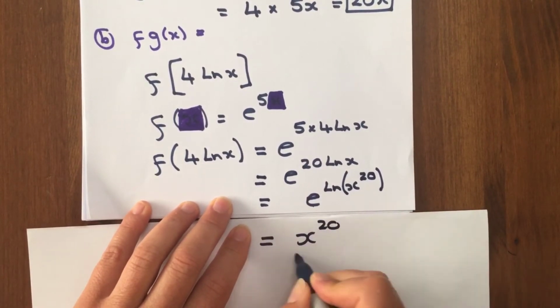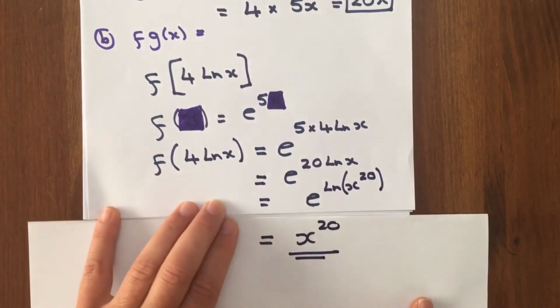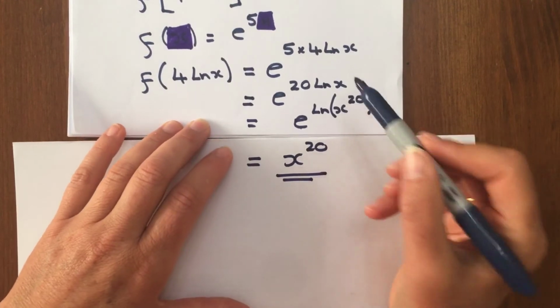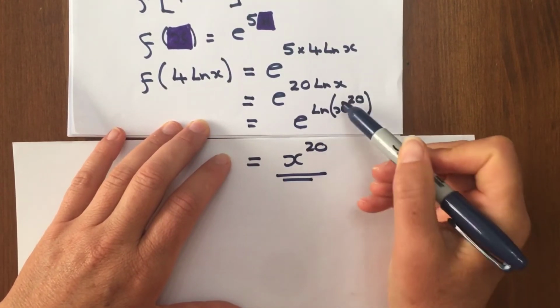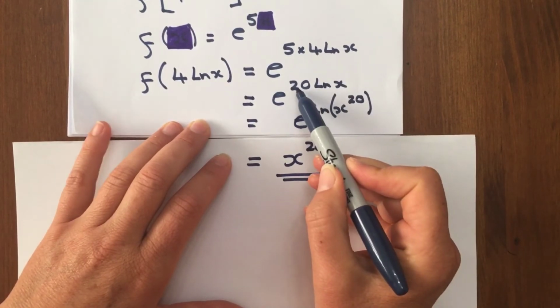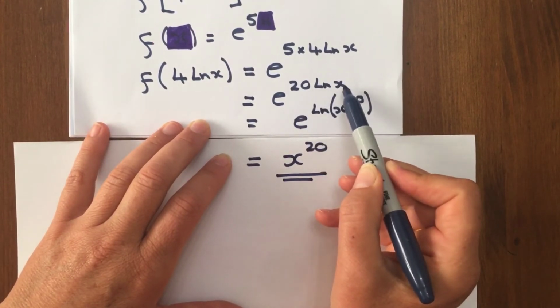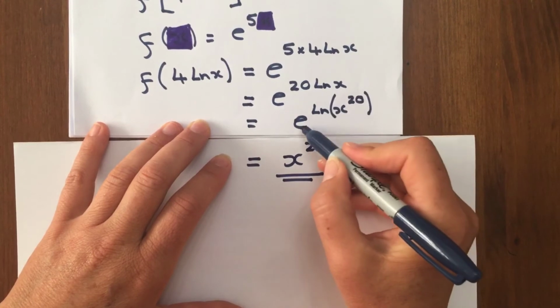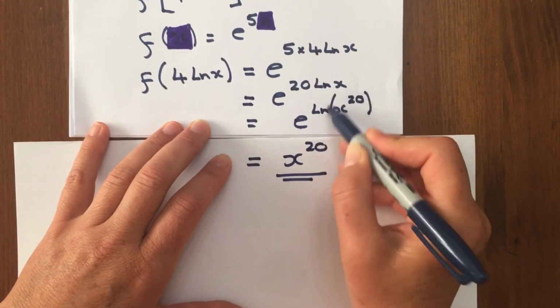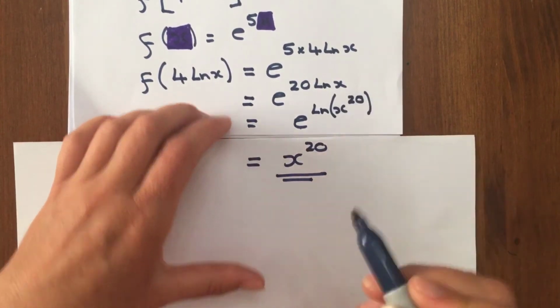So this is the same as x to the 20. So it's this step here, going from here to here, that some of you may have struggled with. Some of you may put the answer down as 20 ln x, but you have to have the e and the ln next door to each other, just the ln of the function itself.